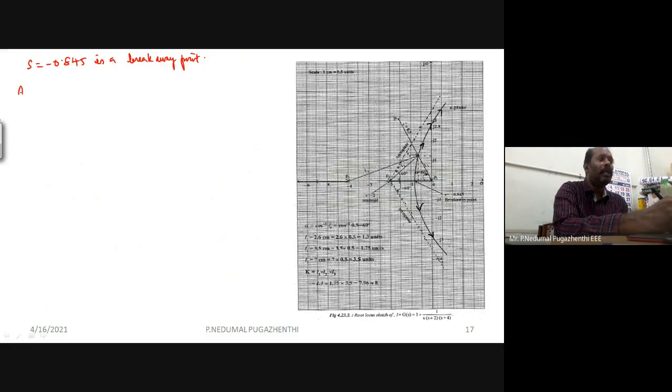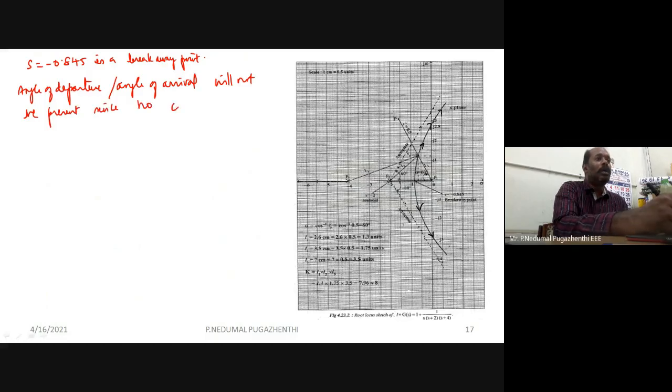Finding out the angle of departure, angle of arrival will not be present, since no complex conjugate poles or zeros.